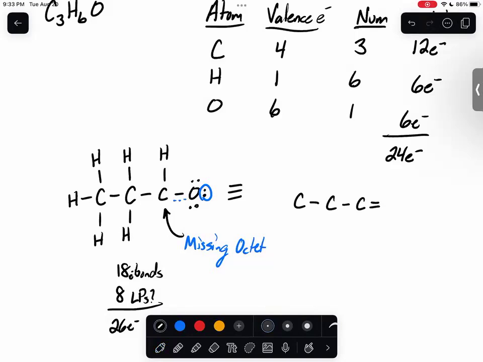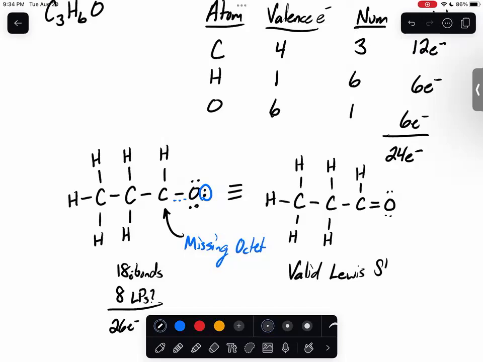Those two electrons can practically fulfill that carbon's shell. So if we were to redraw this Lewis structure in a more valid manner, we could draw something like this. And this is now a valid Lewis structure.